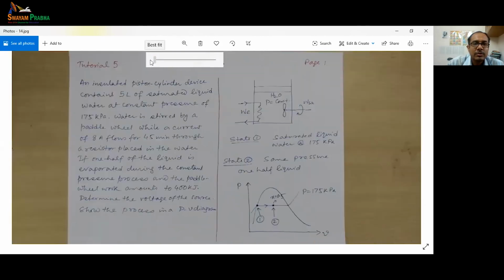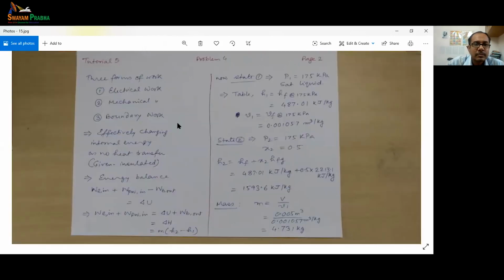So now if we look up the numbers, 3 forms of work are here. One is electrical work, mechanical work, and the boundary work. Boundary work is through the movement of the piston. So effectively the internal energy is changing by all these works, because there is no heat transfer.